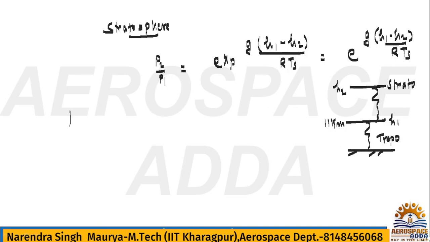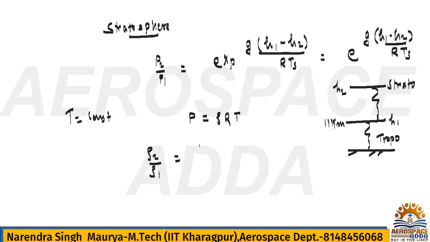Similarly, because temperature is constant, if you apply the state equation P equals rho R T, pressure is directly proportional to density, because R, the characteristic gas constant, is also constant. So the density formula will be the same as for pressure.